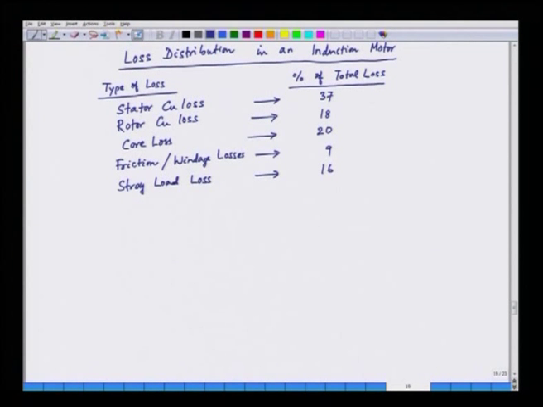Now, how can we minimize the losses? The loss can be minimized from various aspects. We have the loss in the copper in the stator and the copper in the rotor. Usually, the rotor is made up of aluminum die cast. They pour molten aluminum onto the rotor to manufacture the rotor bars for a squirrel cage induction motor.